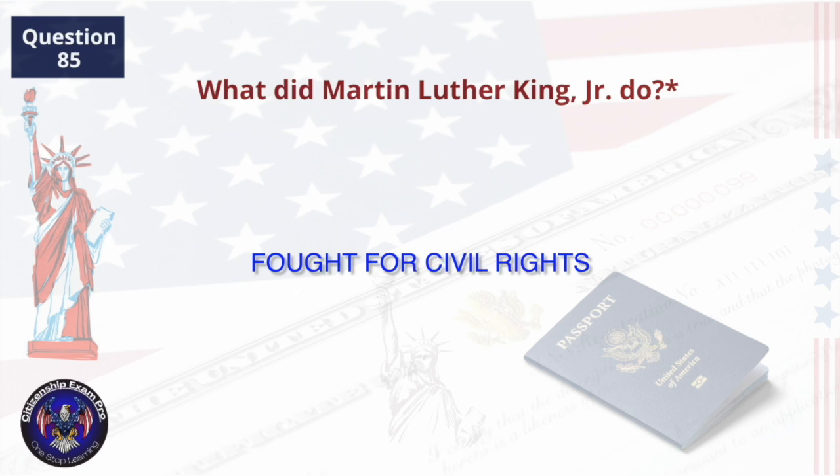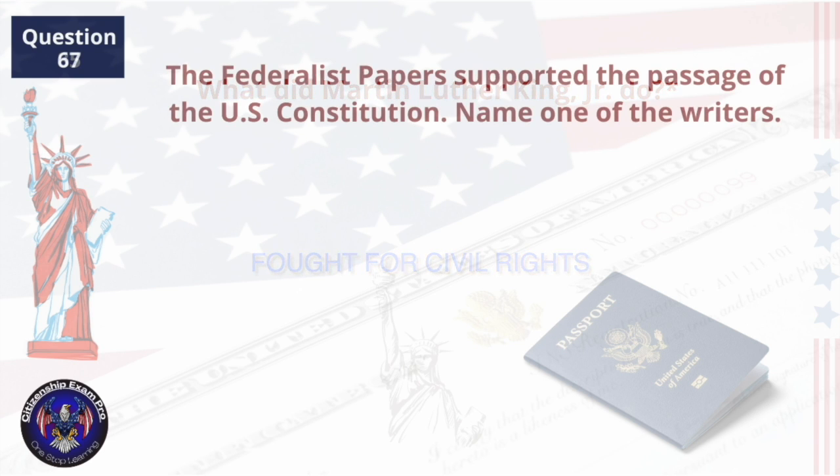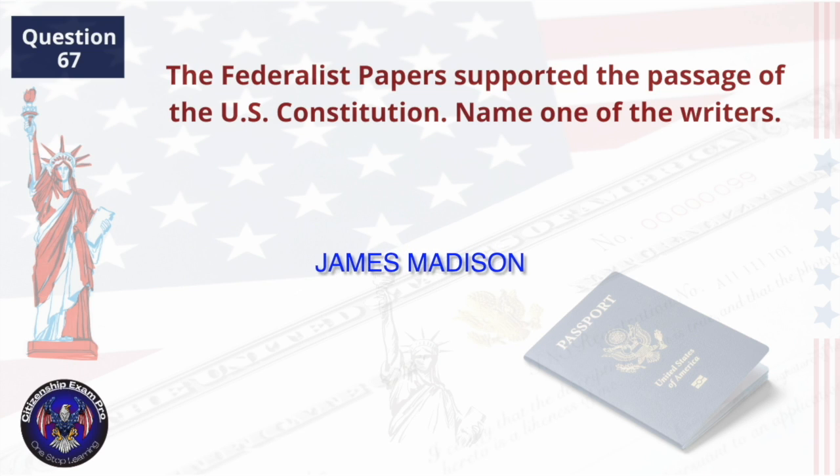Fought for civil rights. The Federalist Papers supported the passage of the U.S. Constitution. Name one of the writers. James Madison.